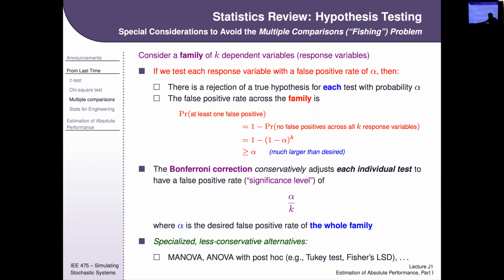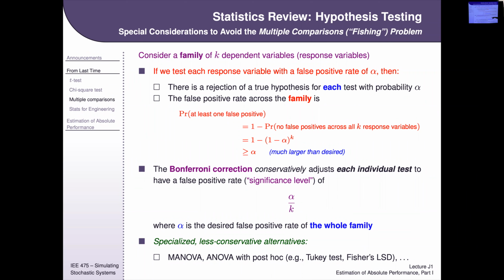So if you can, you use a MANOVA, or you use an ANOVA with post hoc, depending on what type of test you're doing. And these are nice alternatives to doing this Bonferroni multiple comparisons thing, because they will detect differences just as well as this one. But when they don't detect differences, they'll have more statistical power.